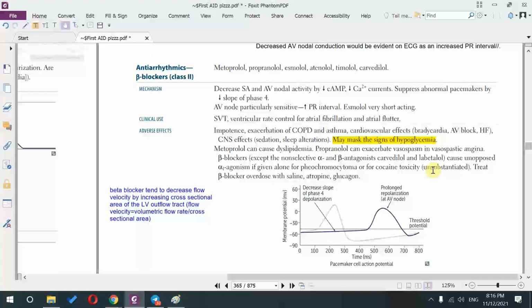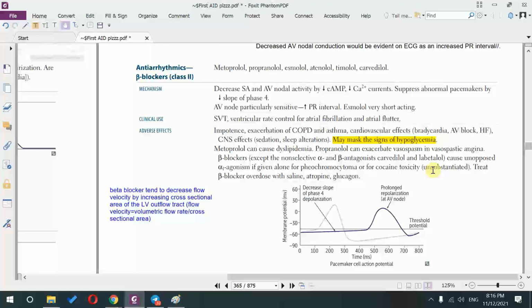So remember, from the letter A until the letter M alphabetically, it is selective. From letter N until letter Z, it's non-selective. Okay, non-selective. So propranolol can exacerbate the vasospasm in vasospastic angina.